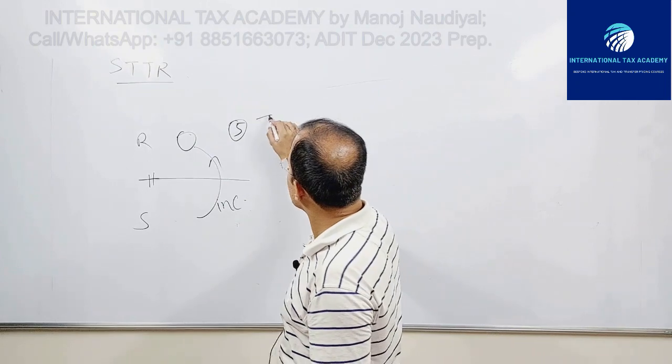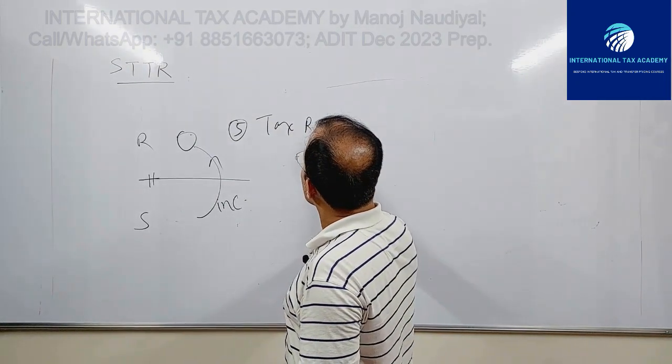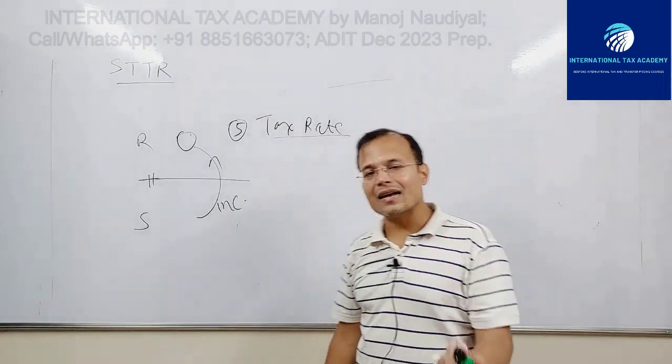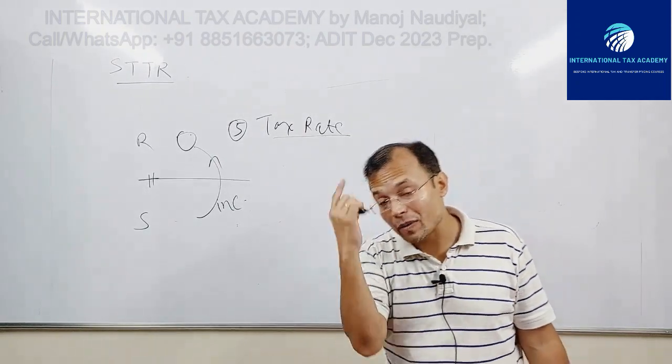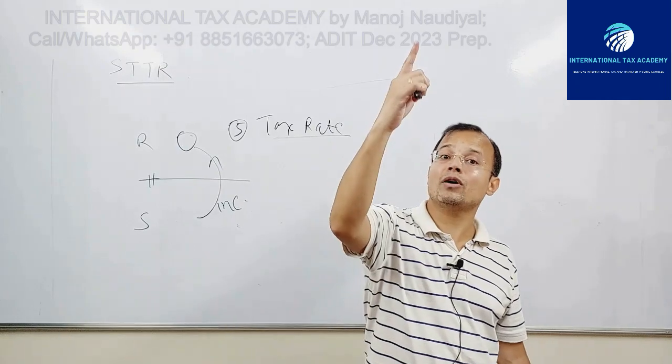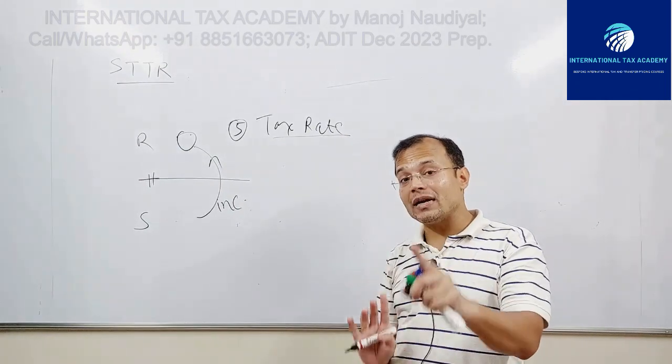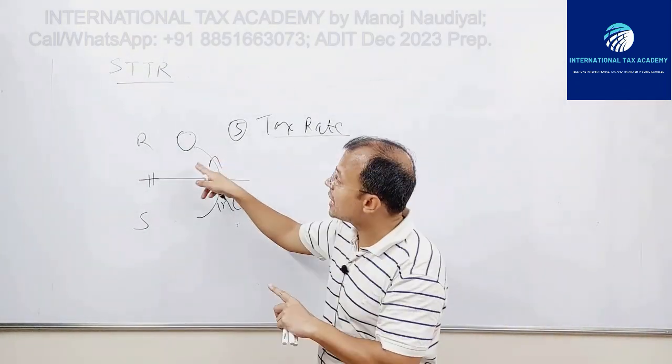What is the tax rate? I told you the tax rate that is used for the calculation of the specified rate in paragraph number 2. This tax rate is a statutory tax rate that is applicable on this item of income in our country.